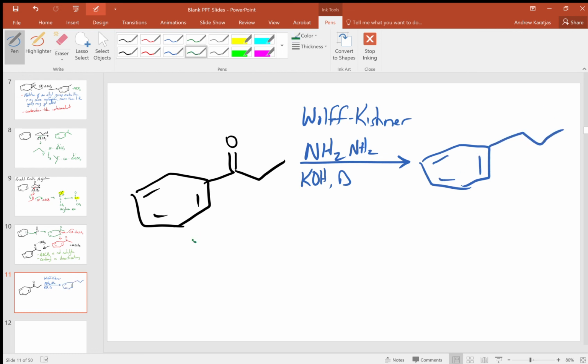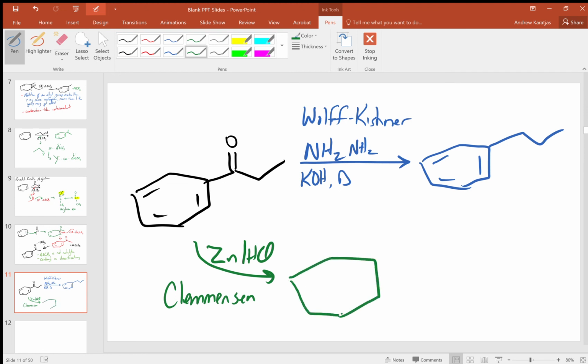Or we can use zinc and hydrochloric acid in a reaction known as the Clemmensen reaction, which will do the same thing. So the Friedel-Crafts reactions give us a lot of options in terms of being able to put new carbon-carbon bonds onto our aromatic ring, and then still give us directions that we can go with them after.